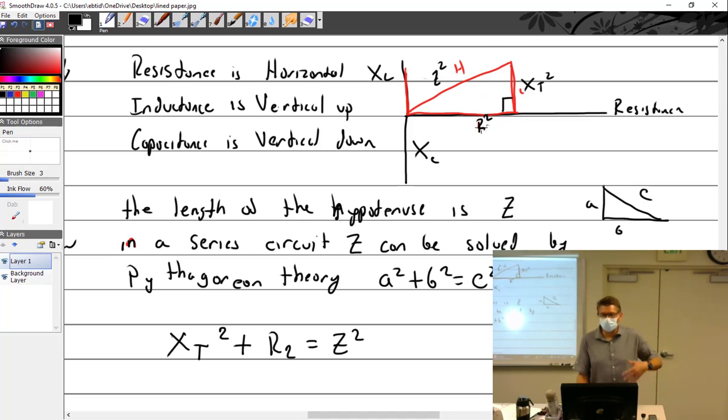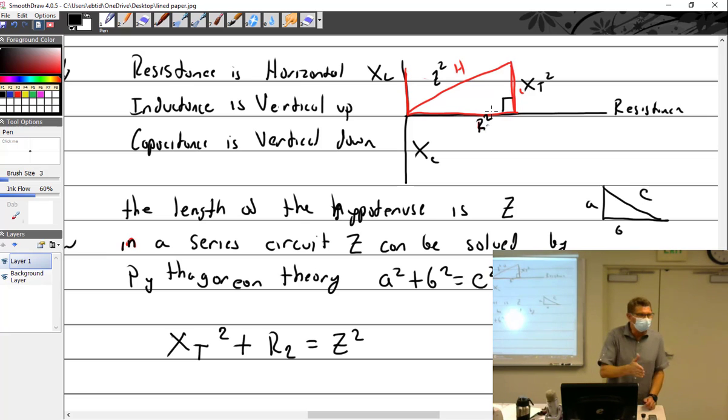We're going to easily find our resistance, because you guys can find resistance all day long. It's very simple. In a series circuit, R total equals R1 plus R2 plus R3. And you can find your X of L because it's 2 pi FL.